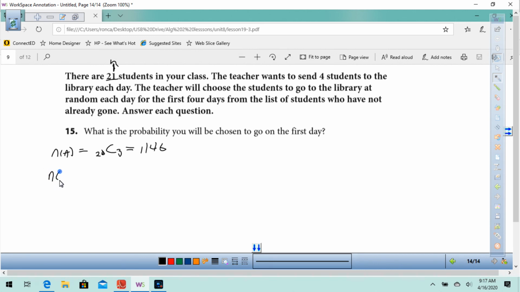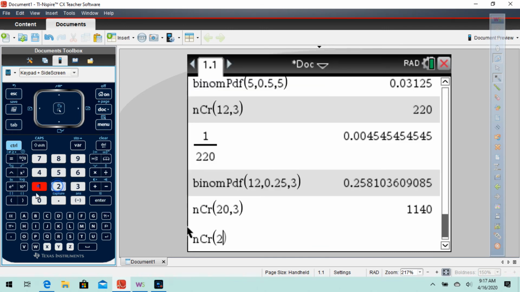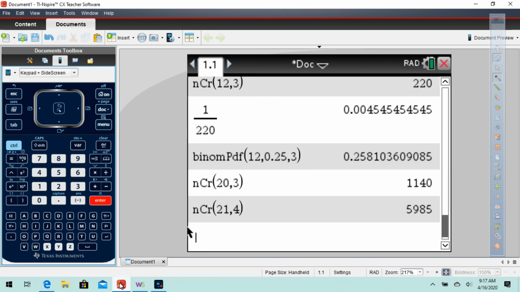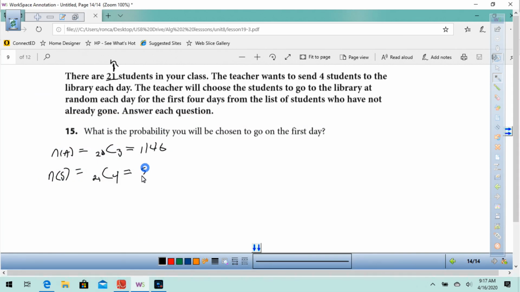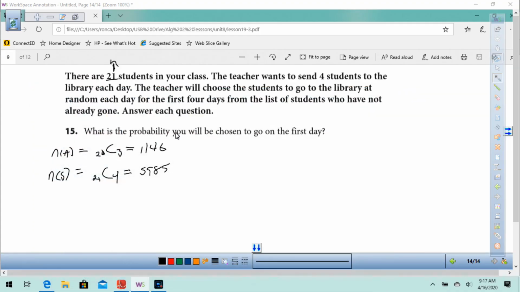Now, what's the sample space? Well, that would be 21 choose 4, because that includes you. That's 5985.